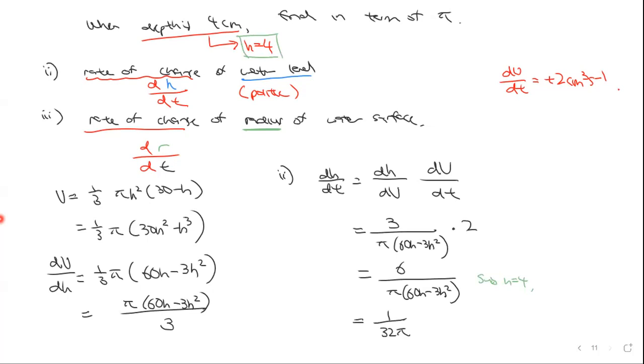Now, usually they won't be too picky, but you should be paying attention to units, because all your units are in centimeters here. That will be centimeters per second. The height is in centimeters, and you can confirm that in this case. So that will be that specific dh/dt at that point.